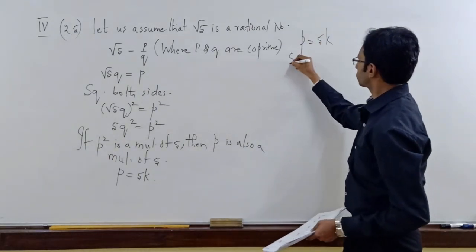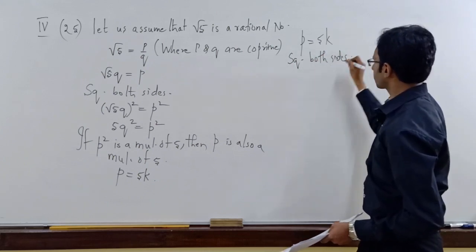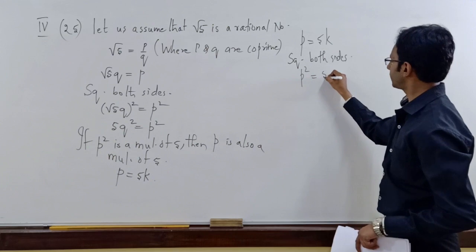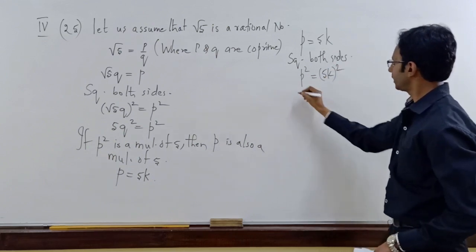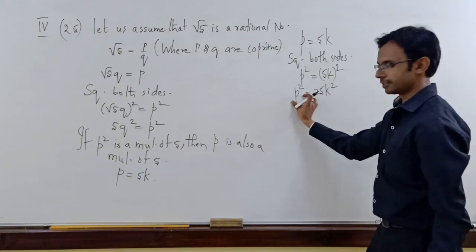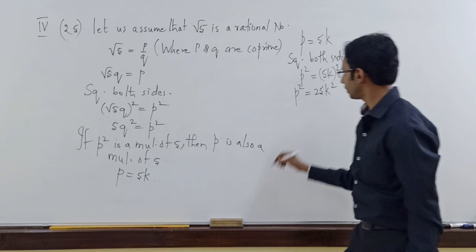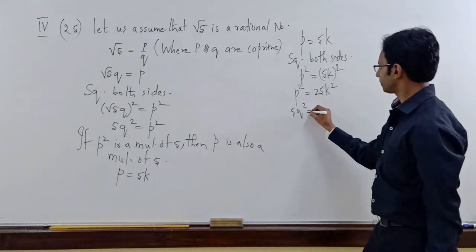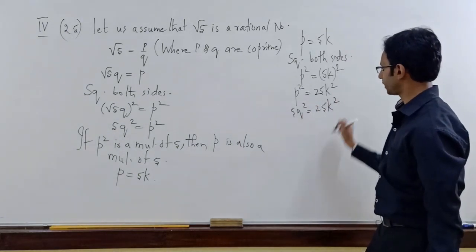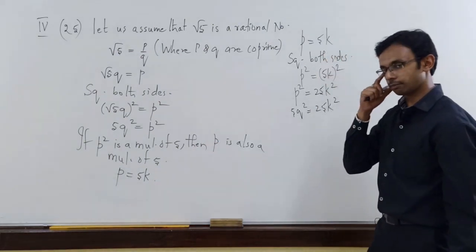Once you get this, we square again on both sides. So we get p square is equal to 5k whole square, so p square is equal to 25k square. Replace this p square with 5q square, because p square is equal to 5q square. The reason we take 5q square is we want to bring q here, because p we have already shown is a multiple of 5.